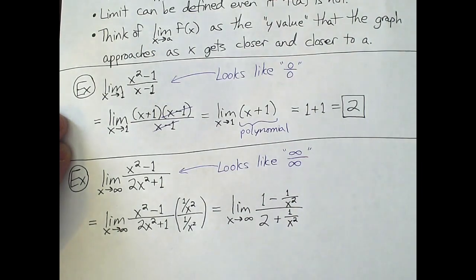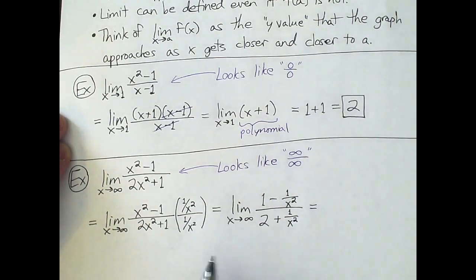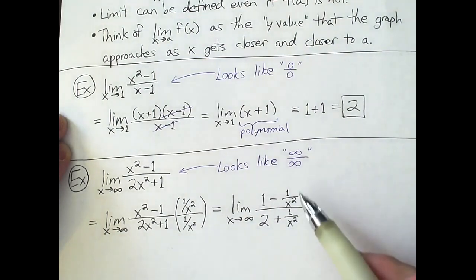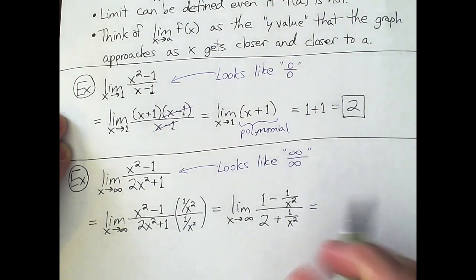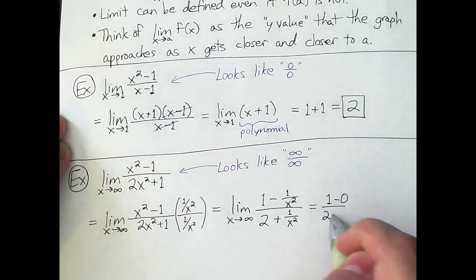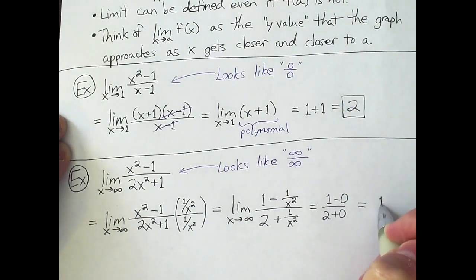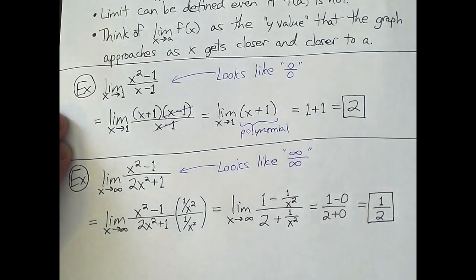I'm doing it again now. This kind of algebra. The point of this is that now x is approaching infinity, so 1 over x squared, that term is approaching 0, and this 1 over x squared is also approaching 0. So overall, I'm getting 1 minus 0 over 2 plus 0, and that's why the answer is 1/2. That's why that shortcut works, because of algebra steps like this.